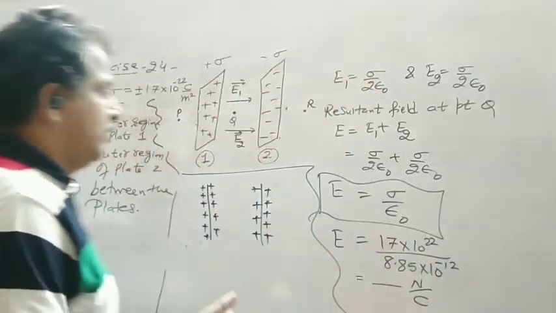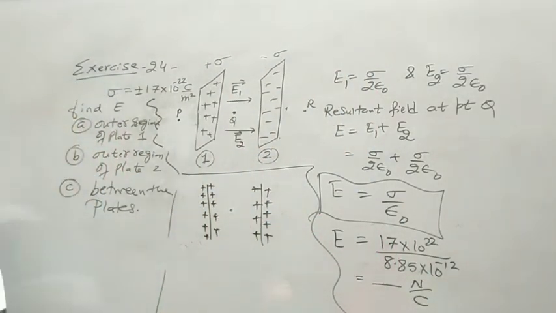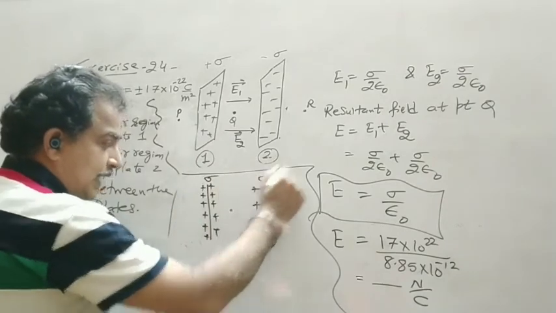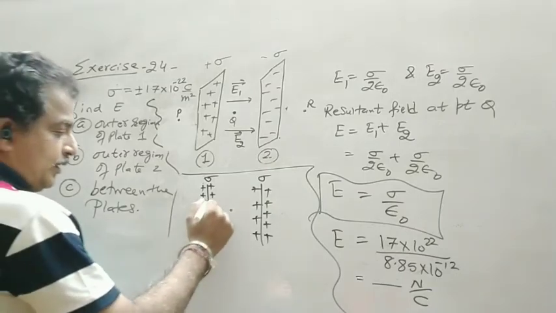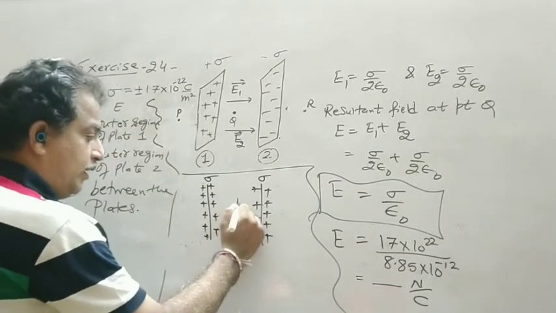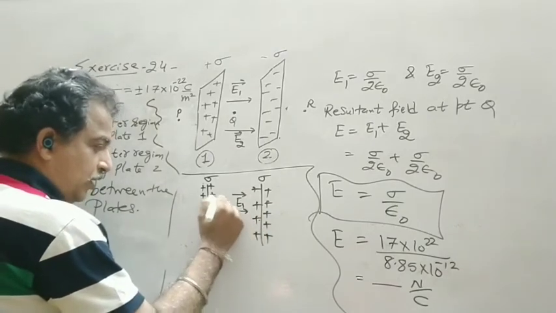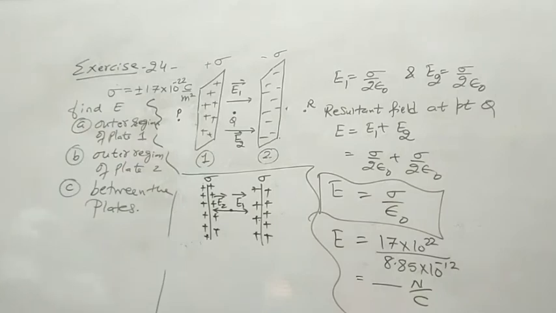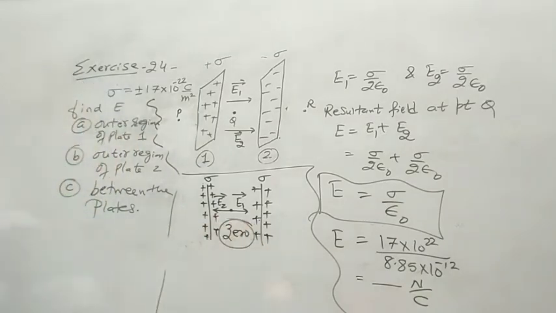Now if I place a test charge here, suppose the magnitude is the same. Sigma is the density. So this plate will repel the test charge in this direction, say this is E1, and this plate will repel in the opposite direction. So both have the same magnitude, so the resultant comes out to be 0.